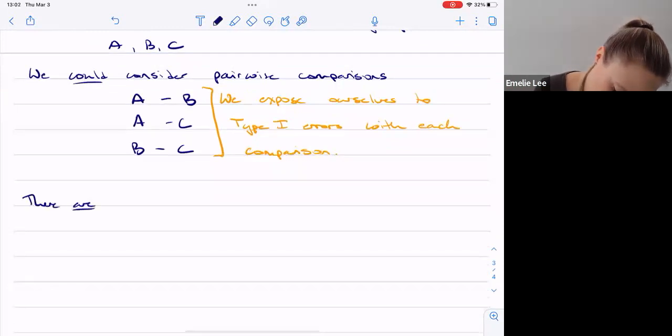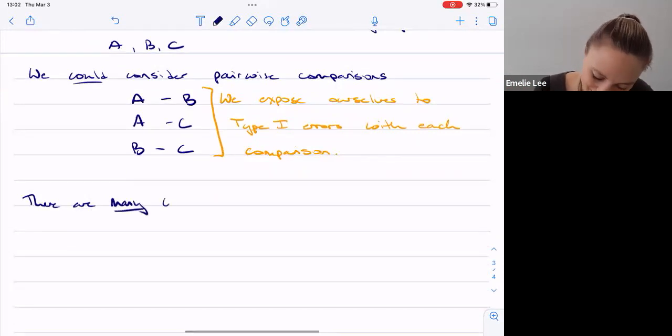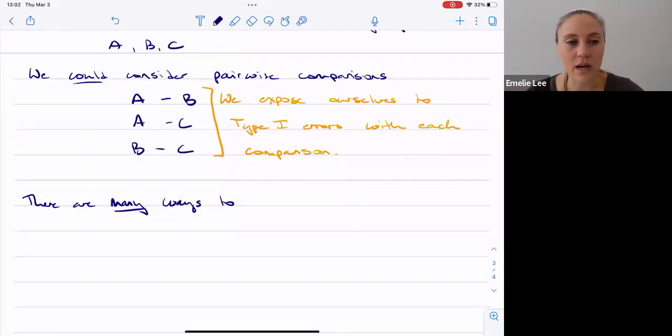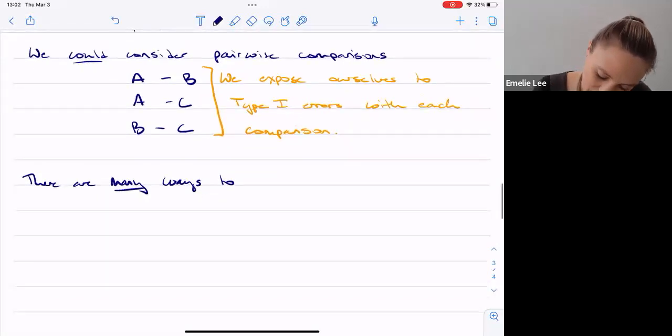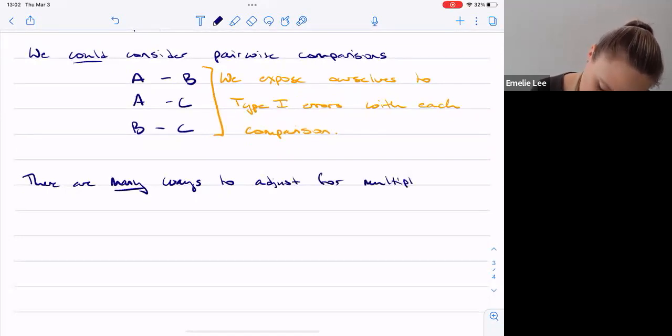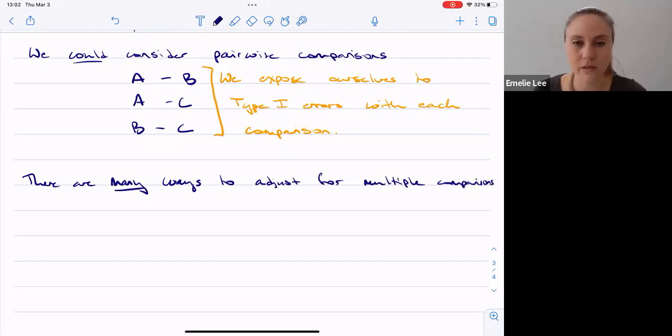There are many ways to adjust for multiple comparisons, right?